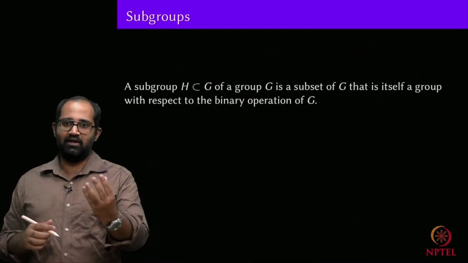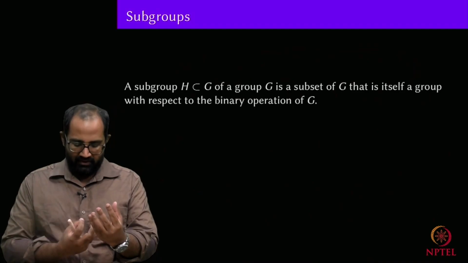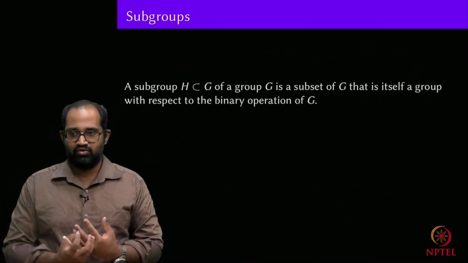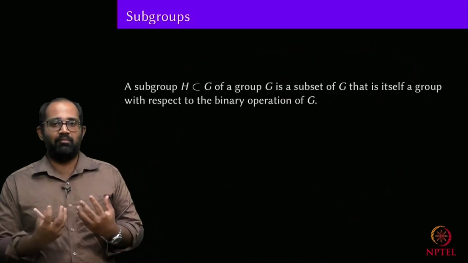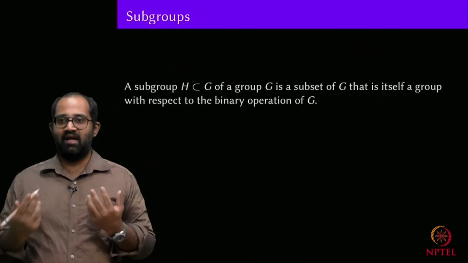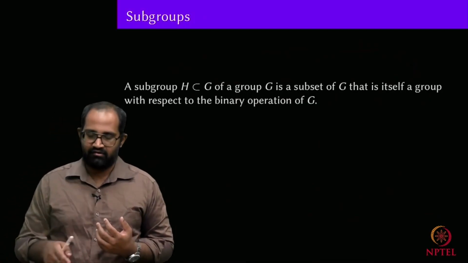That is, you have a mother group and you have a smaller subset of that mother group. When you restrict the binary operation to that smaller set, which you can do, you end up with a group. In particular, that means the identity element should be there in the subgroup, every element in the subgroup should have an inverse, and so on and so forth.